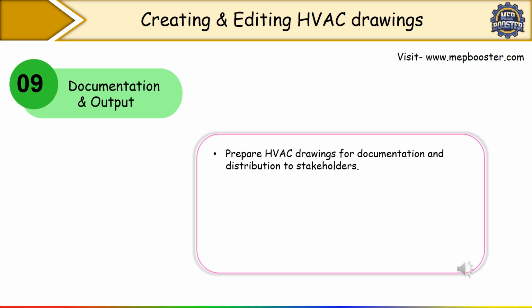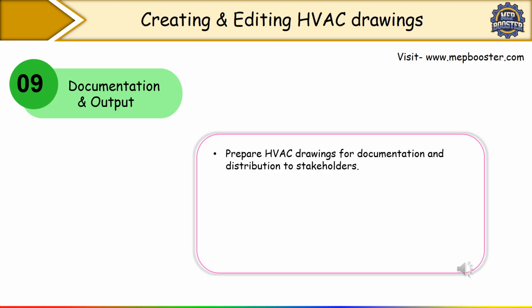To organize the drawing elements, we arrange elements such as HVAC components, annotations, dimensions, and labels in a logical and coherent manner. Then we use layers to categorize different types of elements, for example ductwork, piping, equipment, and annotation, and maintain consistency throughout the drawing.